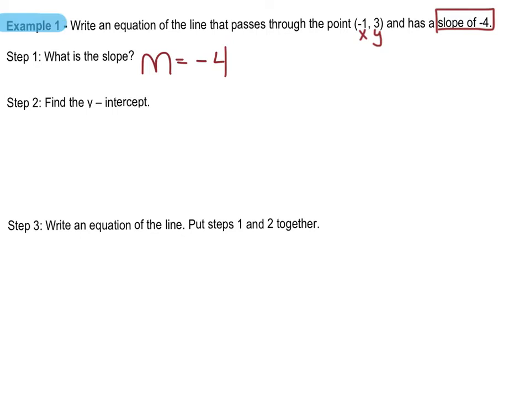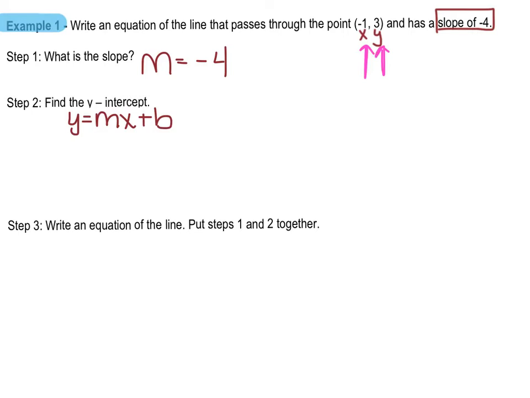To find our y-intercept, we don't have the intercept given, so this is new. So we need to use the equation, so the slope-intercept form that we need is y equals mx plus b. I'm going to fill in what I know, and I mentioned that we're given an x value and a y value.